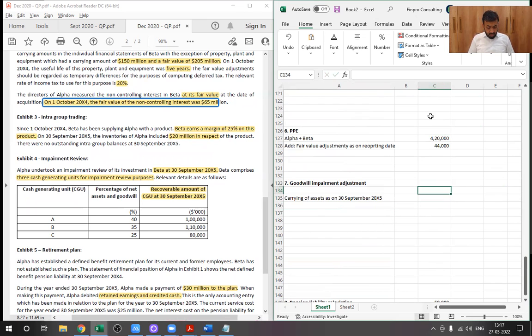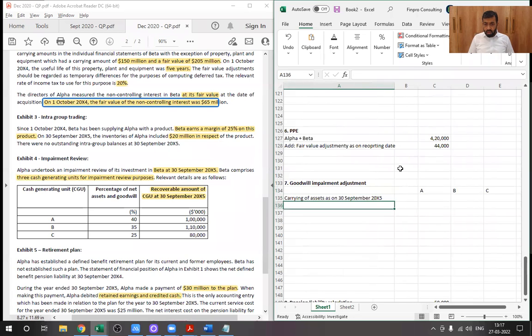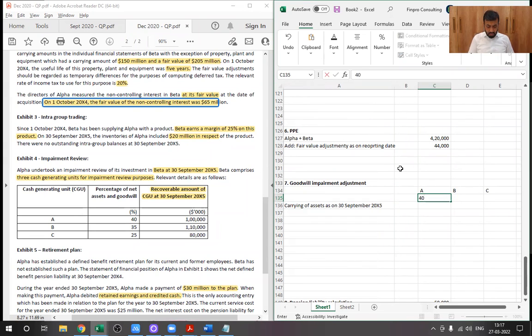So there are 3 CGUs: A, B, and C. The proportion of the asset is given here: 40%, 35%, and 25%.